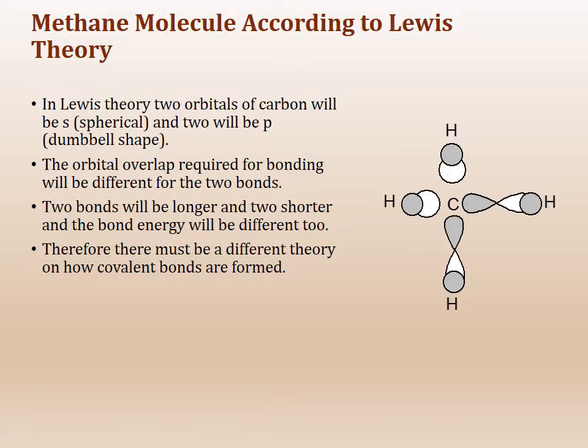Here you have a simple molecule, methane. I want to take this one because it's a really nice example for showing the importance of the valence bond theory. So you have carbon, which has 2s2, 2p2 as its valence electrons. The two electrons which are the s electrons are these ones, the white one here and then the white one here.